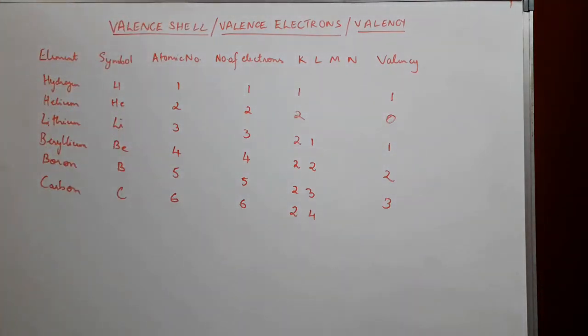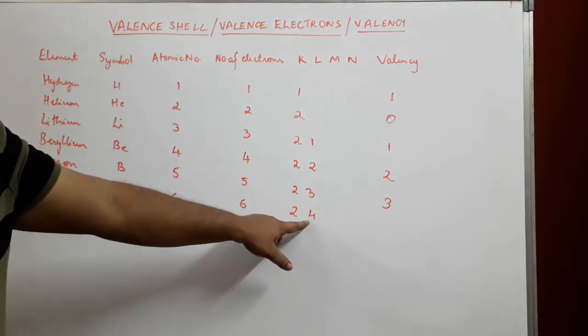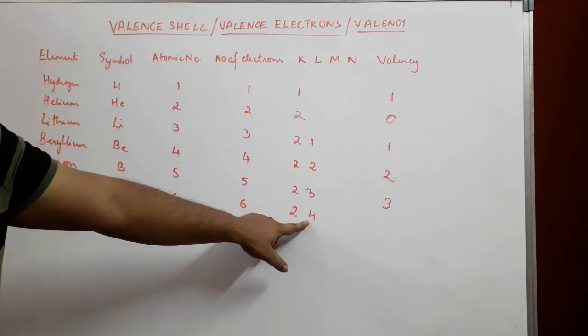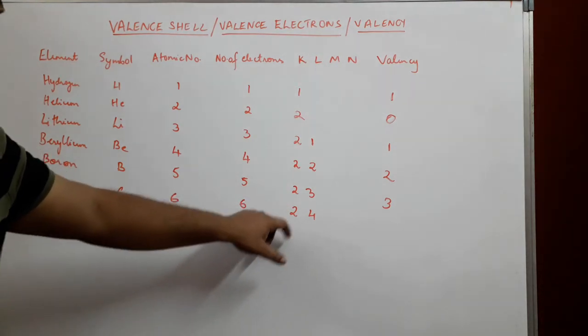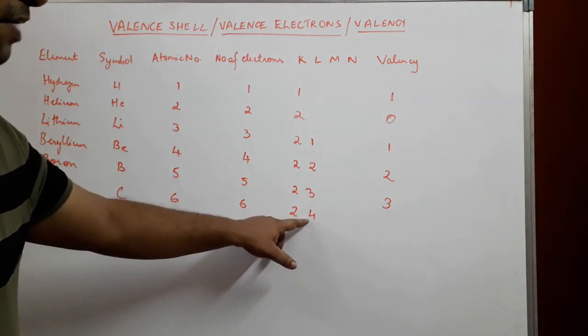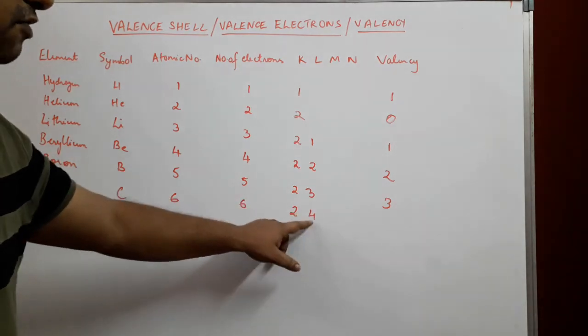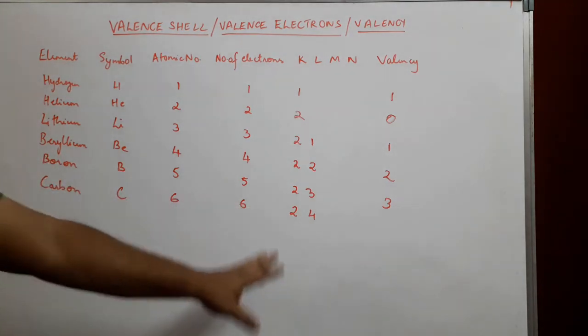Now whether it can lose or gain electrons, both ways: to lose electrons it needs to lose 4 electrons, then you will get one full shell and it will be stable, or it can gain 4 more electrons and become 8, and then both the shells will be full and both will be stable. But in carbon it is seen both are not possible.